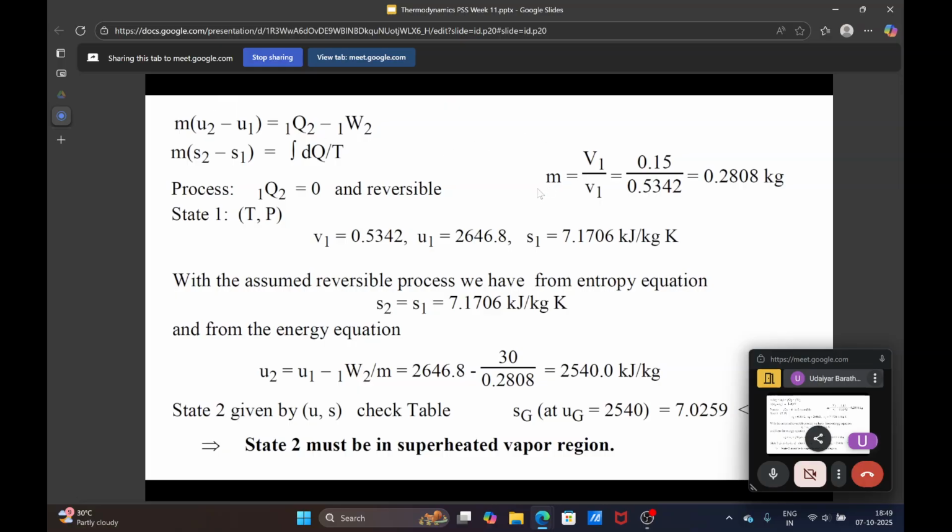To find this, first we need to find how much mass is there. Since we know the volume, pressure and temperature, we can estimate the specific volume. So initial volume divided by specific volume, 0.15 divided by 0.5342, comes out to be 0.2808 kilograms.